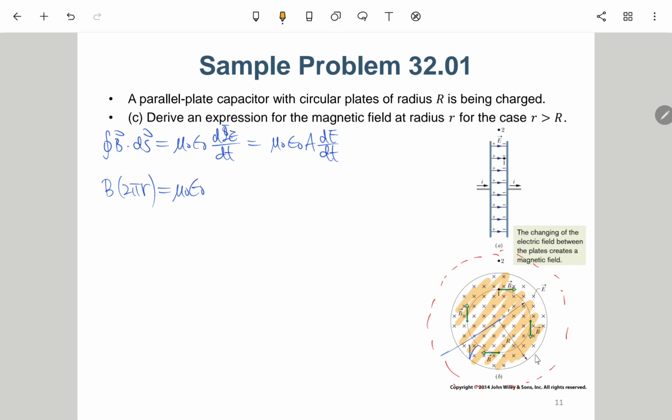The outside part we don't have any E field; we just assume there's no E field outside. So for the cross-section area, we only count up to capital R. So the cross-section area is pi capital R squared, and then dE dt.